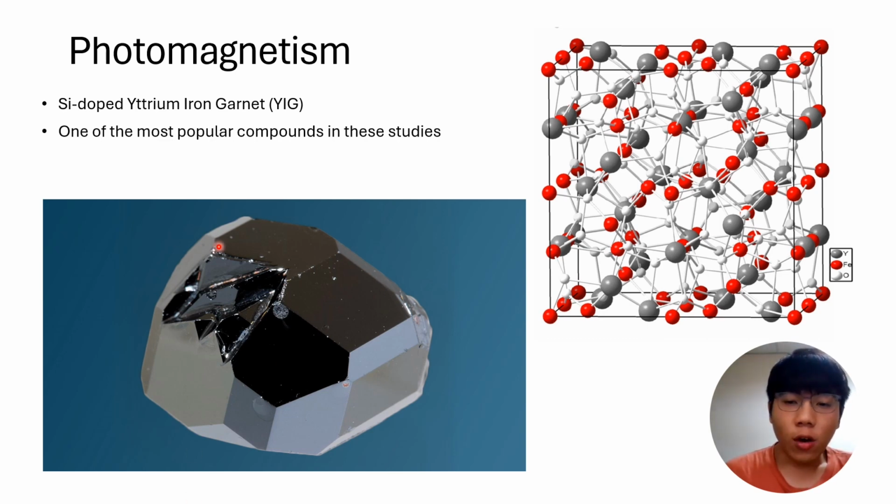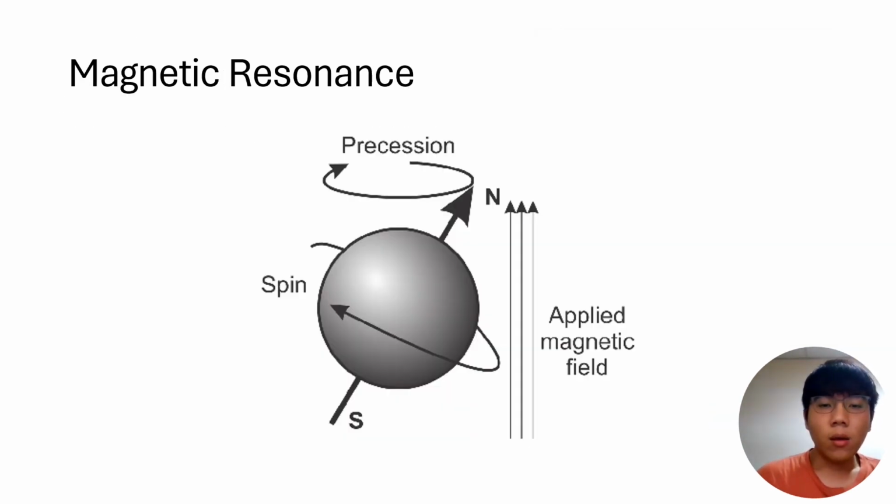This is the picture of YIG, and this is its crystal structure. The gray one is the yttrium, the red part is the iron, and the white one is the oxygen. Before we talk about what changes after the illumination, I want to talk about MR, magnetic resonance, first. So what is MR?